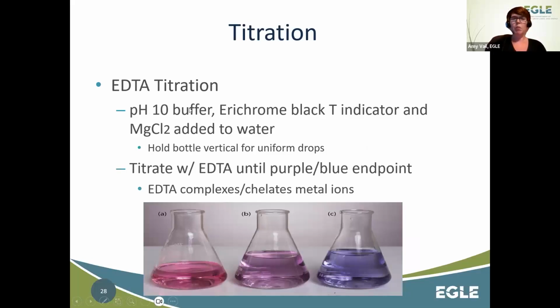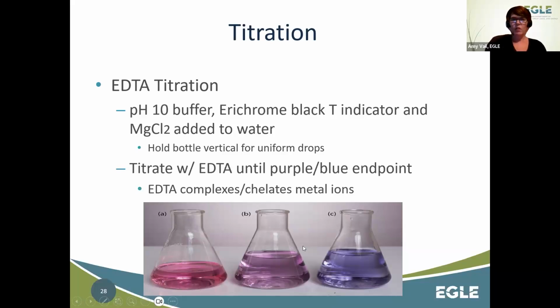Again, we're going to have some type of buffer that we put in the water. We're going to use an indicator like with alkalinity. This one we use what's called Eriochrome Black T indicator that turns this purple color. You also add magnesium chloride, and it's good to hold the bottle vertically instead of sideways so that you get uniform drops when you're adding that, so that the drops are all the same.